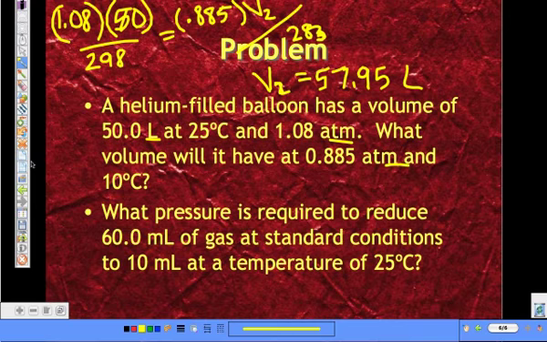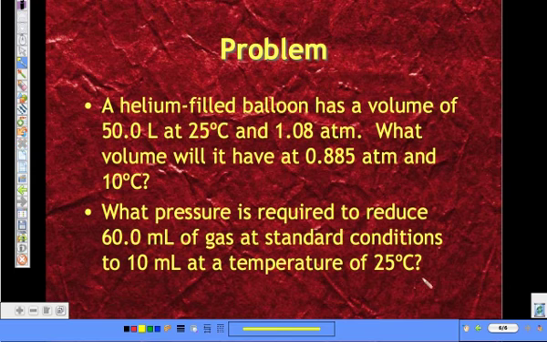Okay, is this the last one? I guess I don't know. Pressure required to reduce 60 milliliters of gas at standard conditions. So what does standard conditions mean? What's our pressure? 1 atm. STP means pressure is 1 atm and temperature is 0 degrees Celsius.